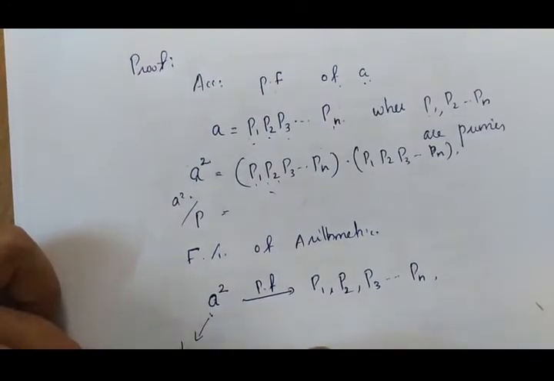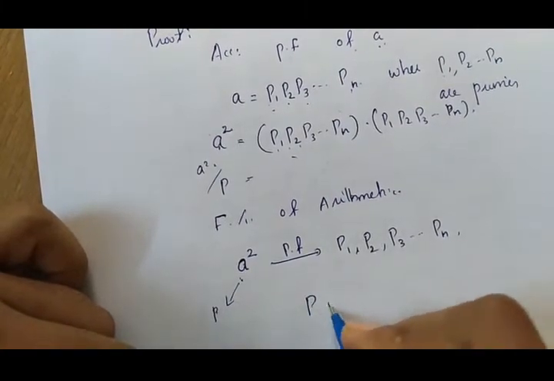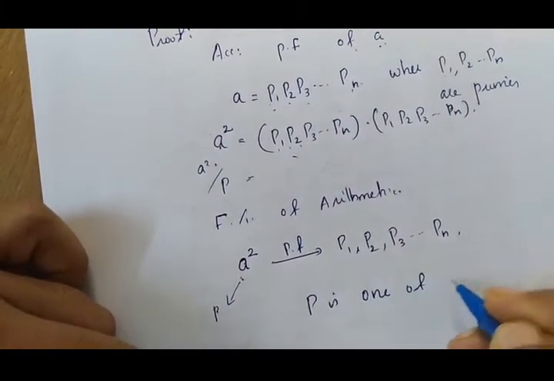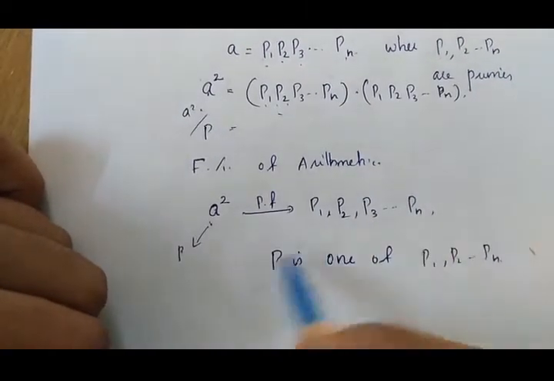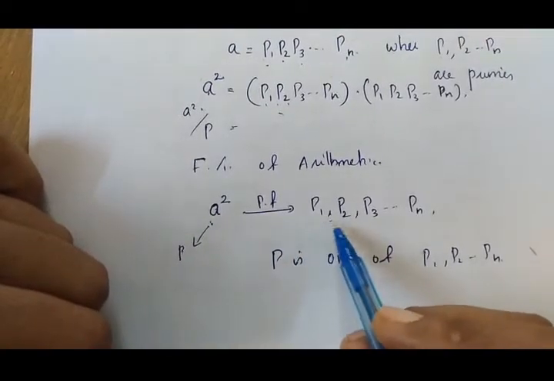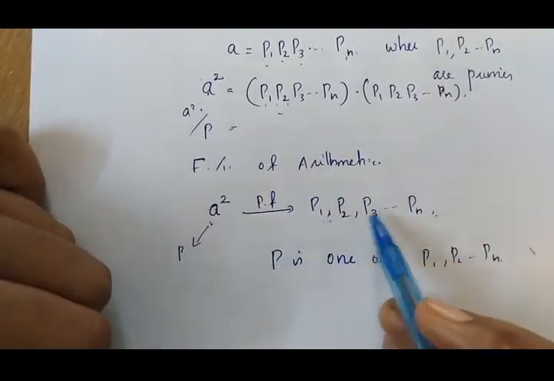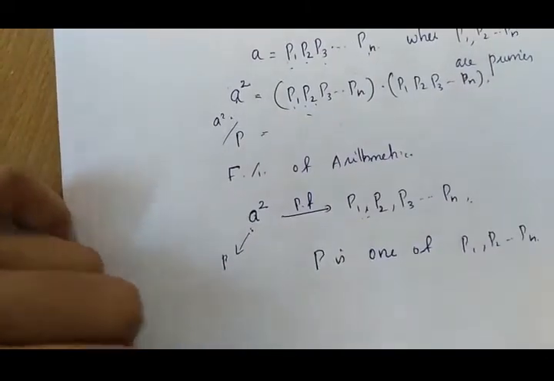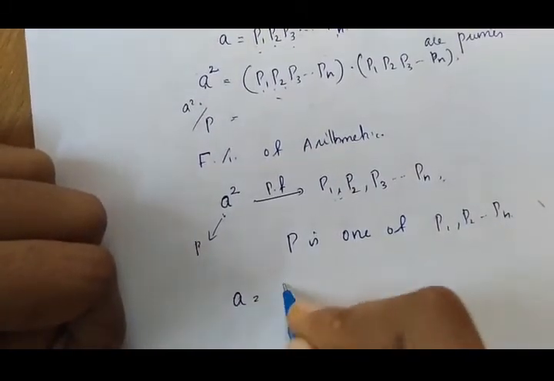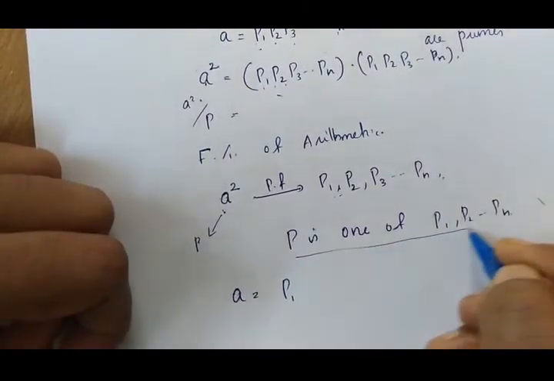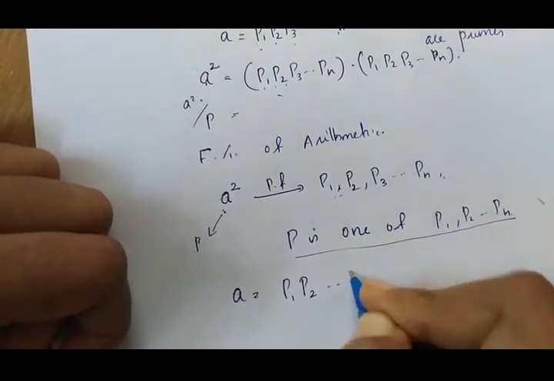So P is another factor of A square. So we can say that P is one of P1, P2, etc. Pn, because A square has prime factors P1, P2, etc. Pn. Then, previously we said that A is equal to P1 into P2, etc. Pn.